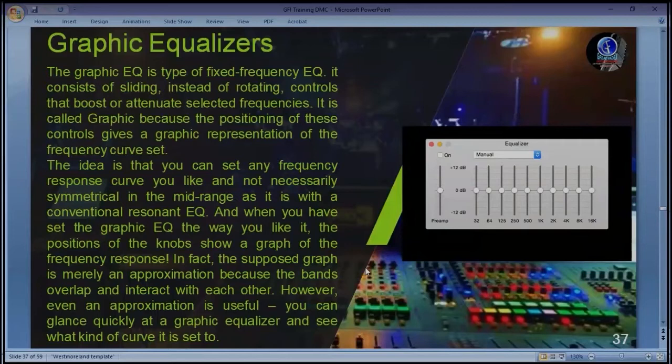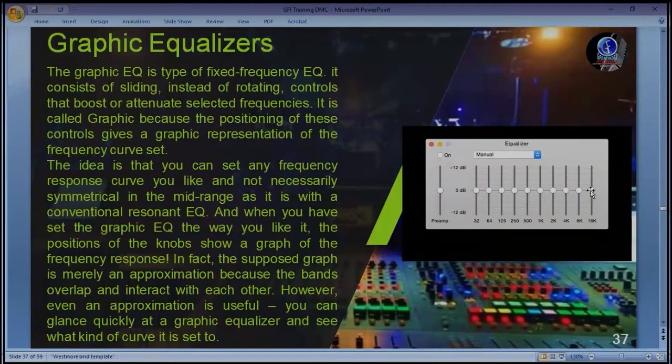So the graphics EQ is a type of fixed frequency EQ. It consists of sliders. You can see the picture beside me here. These are the sliders. You see where my mouse is moving? These are graphics EQ. Where you slide up, see where my mouse is presently on 16K.